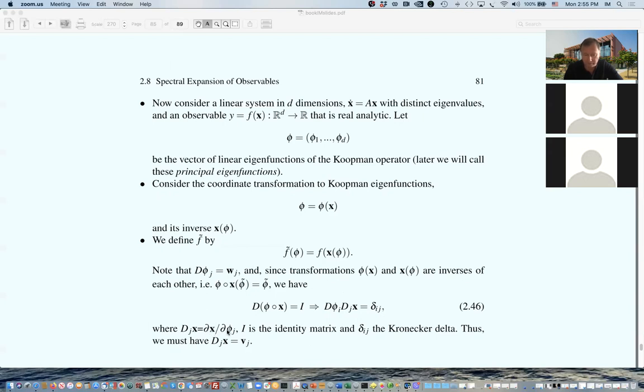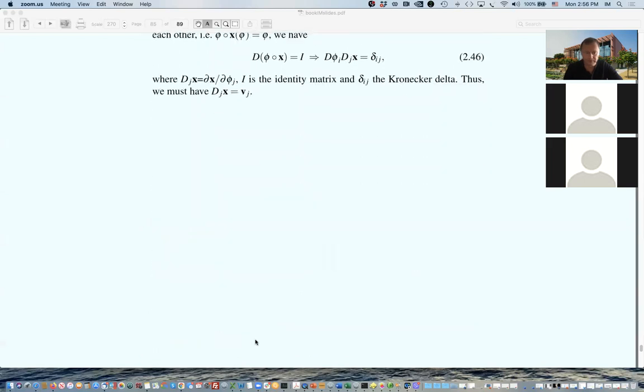The meaning of this notation is that each component of x, x1, x2, x3, so this is a column vector of partial x with respect to phi, the jth eigenfunction coordinate. We just proved that that's the jth eigenvector itself. So far, so good.